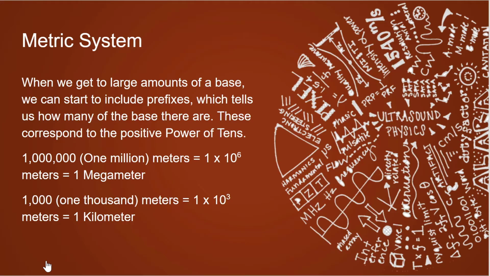So if we have 1 meter times 10 to the 3rd, that'd be the same as saying 1 kilometer. It's the same as saying 1,000 meters. 1 million meters would be the same as saying 1 times 10 to the 6 meters, or 1 megameter. So it's when we start adding those prefixes that we get new units based on powers of 10.